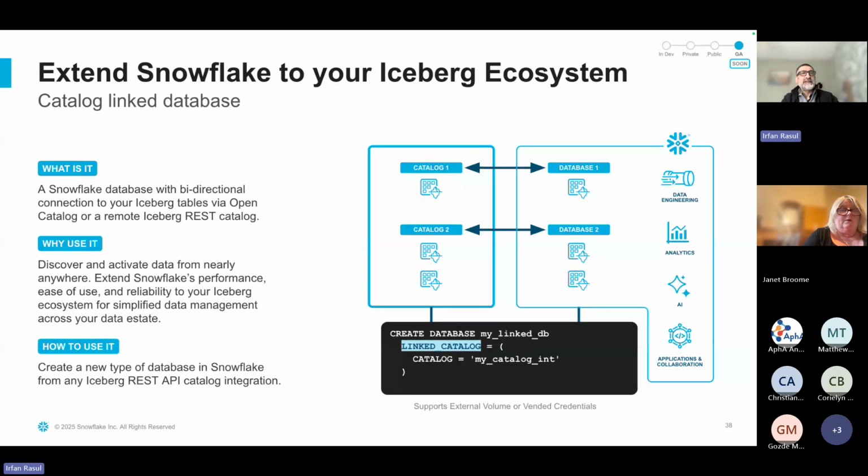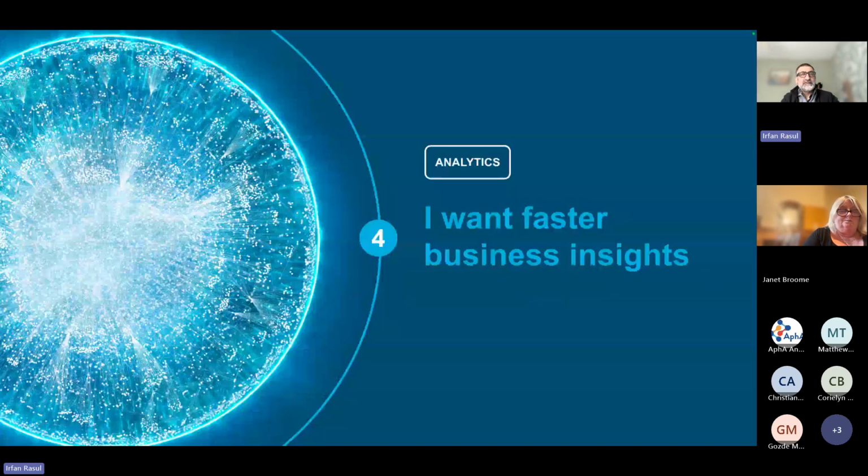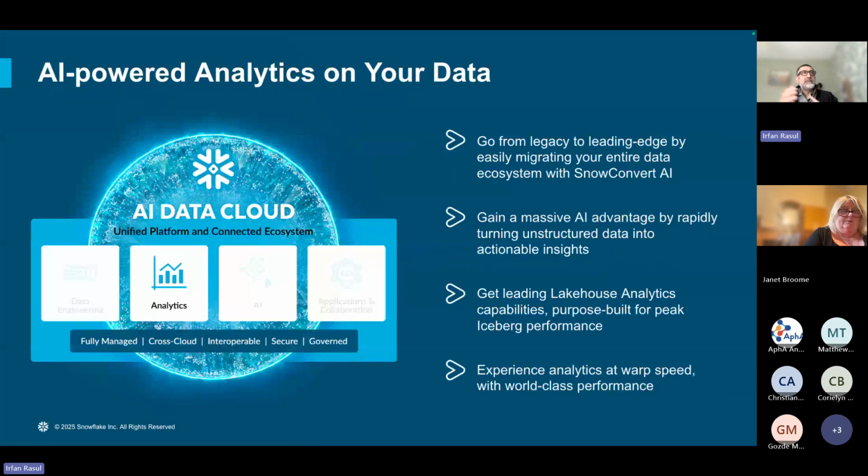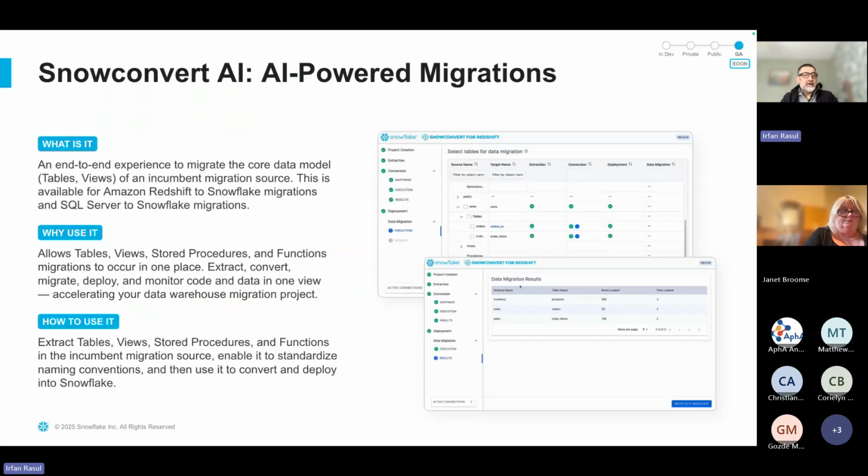There's a few things on Iceberg which I want to skip through. So we're moving on to the analytics bit now, just to talk about how we're using analytics to speed up the journey for our customers. For any of you who have had to do migrations from a legacy version of SQL Server, for instance, or Oracle, and you wanted to move data into Snowflake, there's now a capability called SnowConvert.